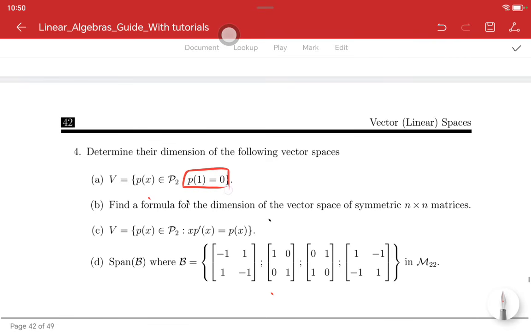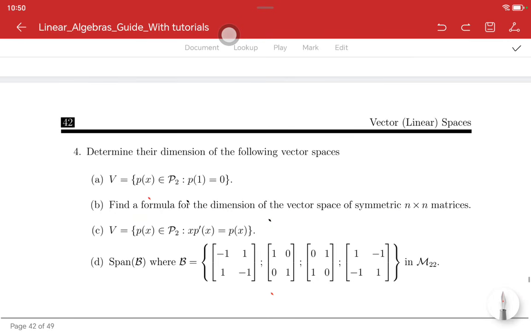They told us this, but if this was just a normal set, it's because of this that we can express one vector as a linear combination of the other vectors. But if this was some number other than 0, it would be a different story. Then they say we must find out, but I've already showed you the formula for this one.